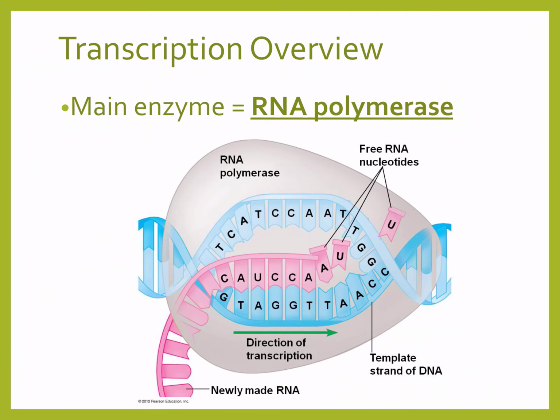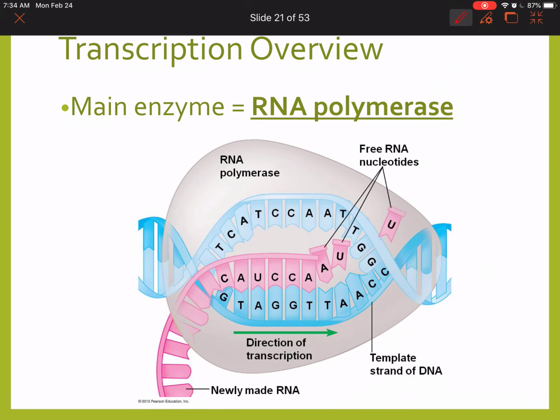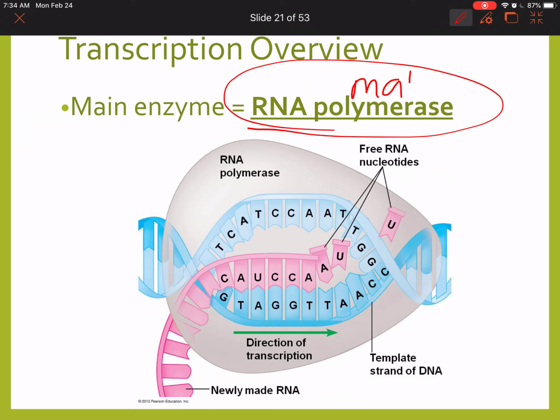The main enzyme involved is RNA polymerase. Polymerase is just a fancy name for maker. So this is the enzyme that makes RNA. There's also an enzyme we learned about last week called DNA polymerase. DNA polymerase makes DNA. But today we're doing transcription, so we need to make RNA. Both enzymes work kind of the same way.